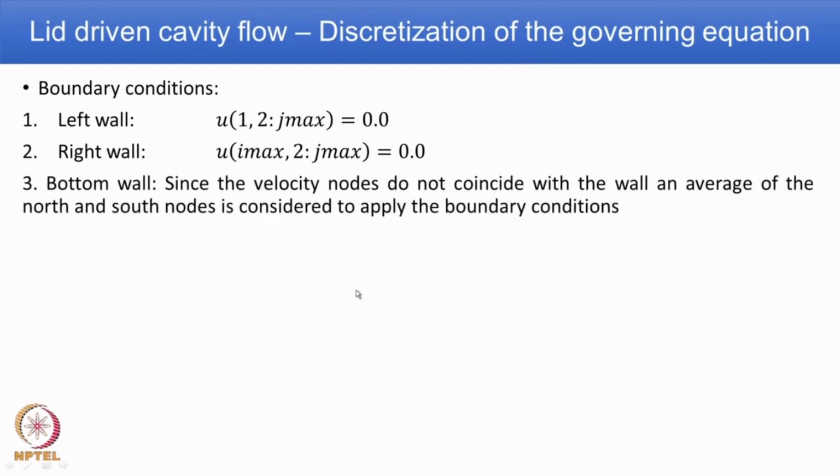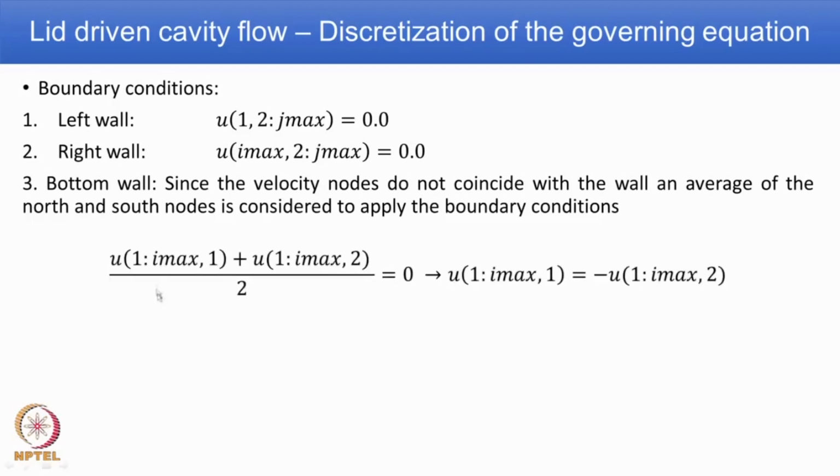On the bottom wall, since the u nodes do not coincide with the wall, we have to somehow ensure the no slip condition is also satisfied. So, we take the average of the north and south nodes, which indirectly ensures the no slip condition is imposed on the bottom wall.